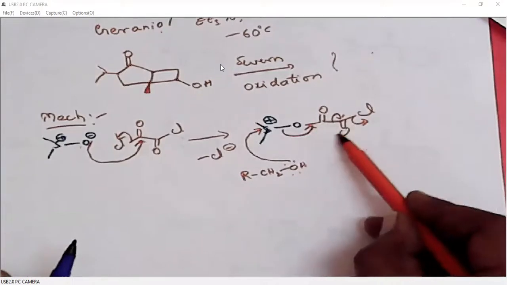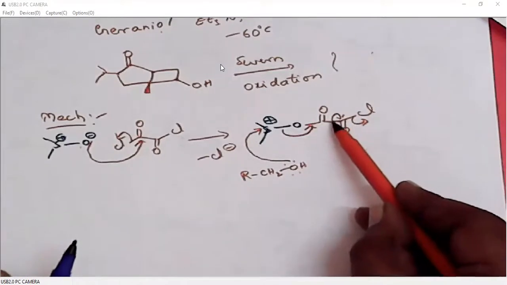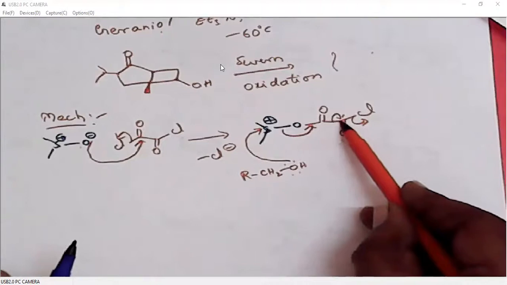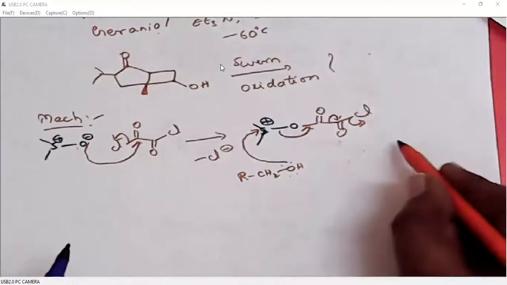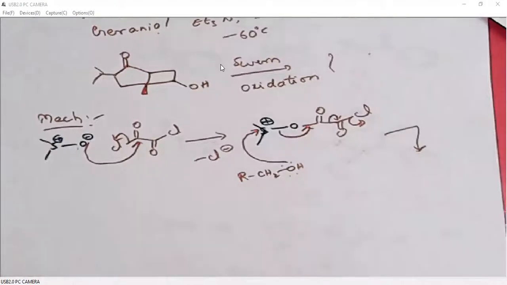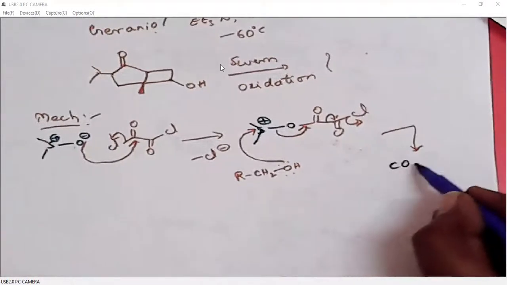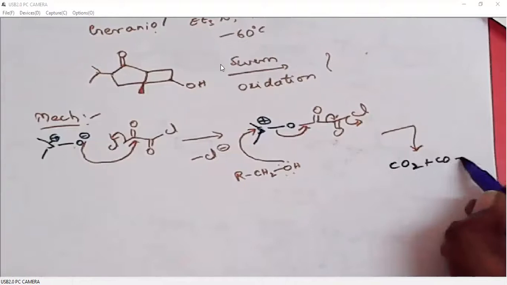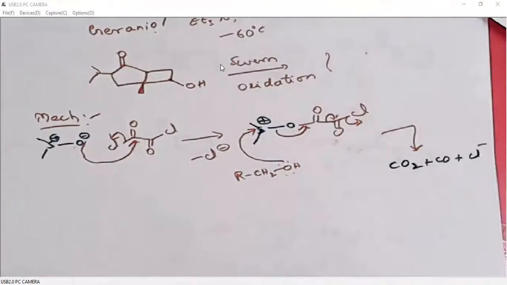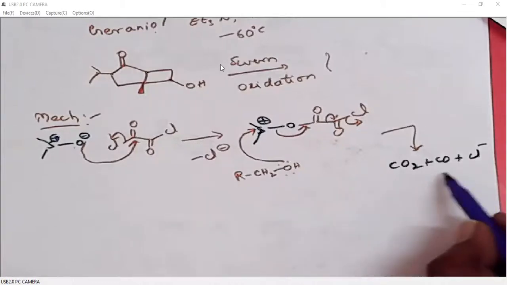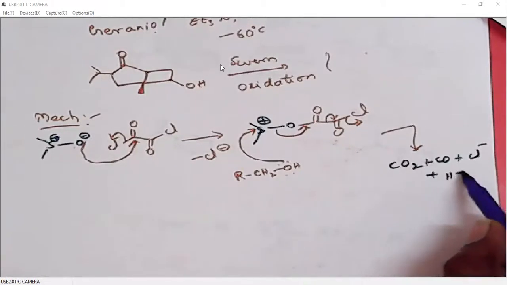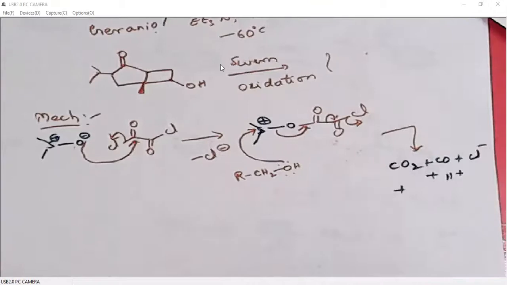This molecule, because it is reducing, right, this bond is moving towards carbon, this bond is moving away from carbon. So we get CO2 plus CO plus Cl minus. If I take out this proton also, then H plus plus our compound.